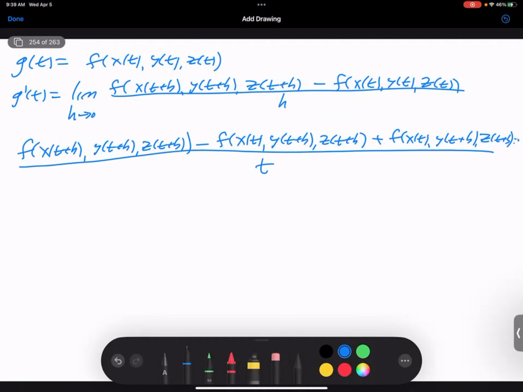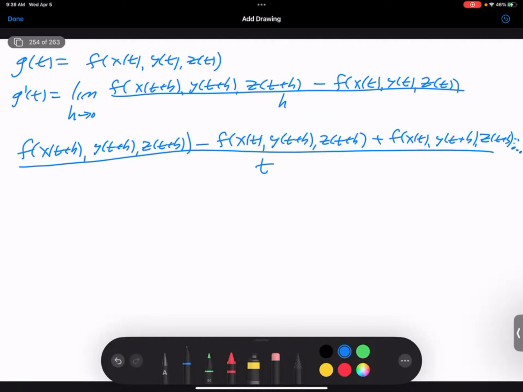The dot, dot, dot is very important. What I'm going to be doing is I'm going to be adding and subtracting the same quantity. So I've added 0. Does that change anything? This allows me to focus just on the first part.